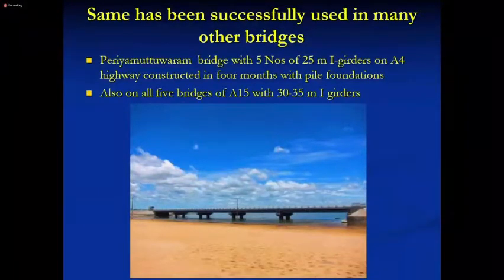A5 starts at Nuvareli, it comes to Badulla, then it goes up to Bibile, Padiyatalawa, Mahoya, and Eravu. But then A15 starts, this is correct, A15 starts.